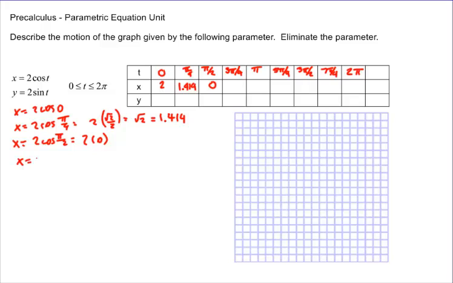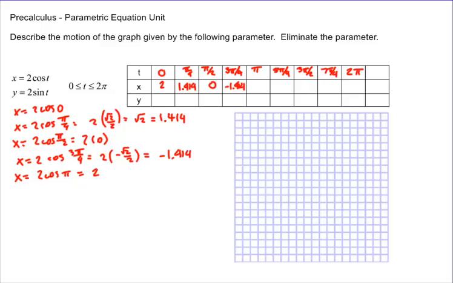And then 3 pi over 4, so when x is 2 cosine of 3 pi over 4, that's the same thing as 2 times negative square root of 2 over 2, which is going to be negative 1.414. Alright, and then pi, and can you tell why I picked the pi over 4s and the pi over 2s?